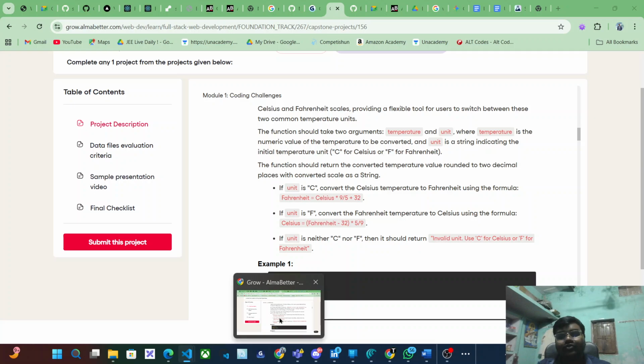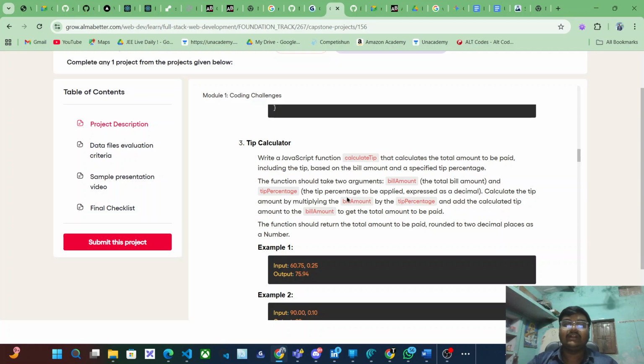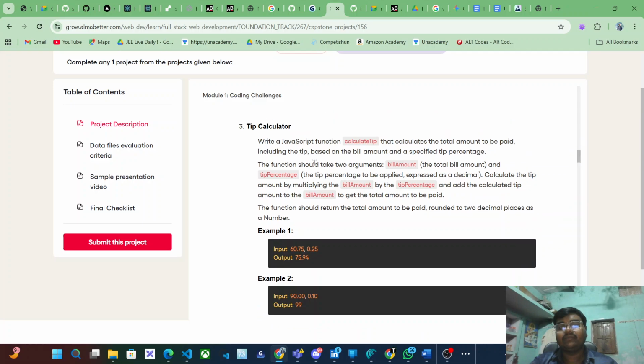Now let's come to question number three. Question number three is tip calculator. Tip calculator means we go to a hotel and get some bill amount. With the bill amount we give some tip to the waiter. So this is the problem where we are calculating the total amount which we give to the waiter, including the tip percentage.